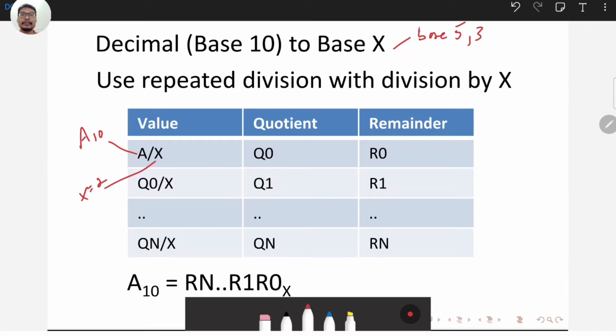In this case, if you want to convert to base 5 or base 3, we make x equal to 5 or 3. We do the division, we take the quotient and the remainder, and we do this until we get 0 in the quotient. Then we can stop, and our solution will be read from bottom up. So our solution will be Rn all the way until R0 in base x, which is equivalent to a in decimal or base 10.